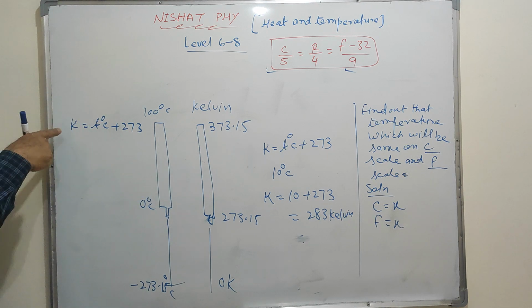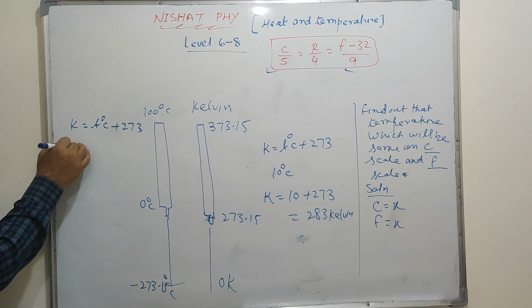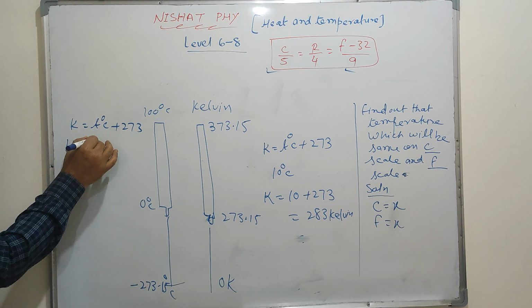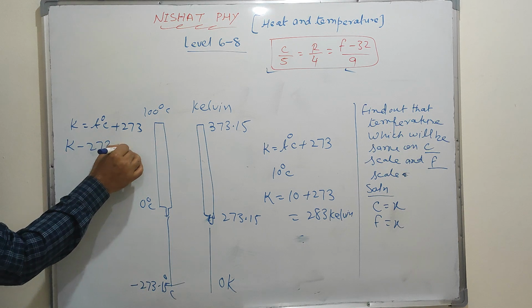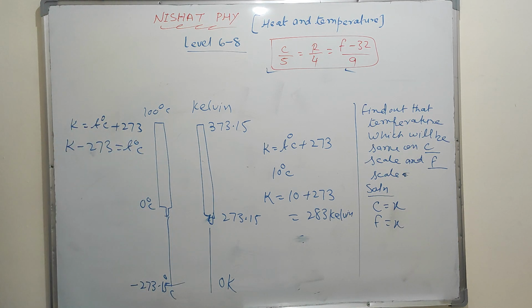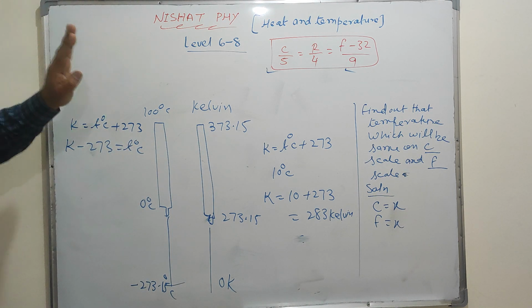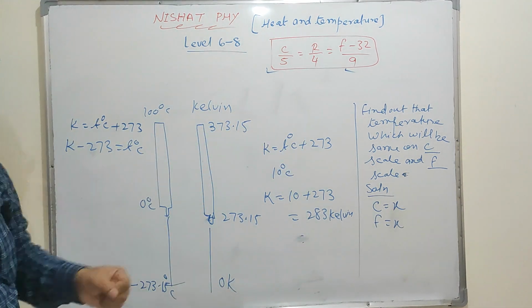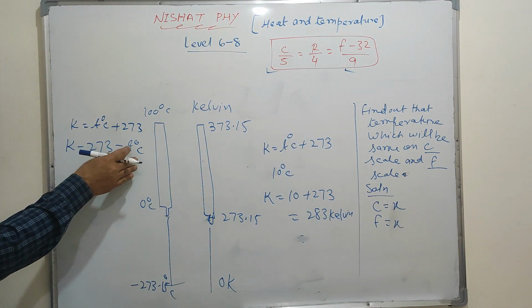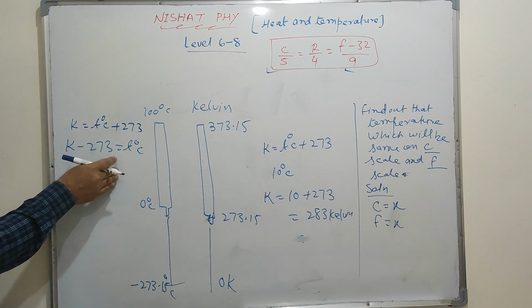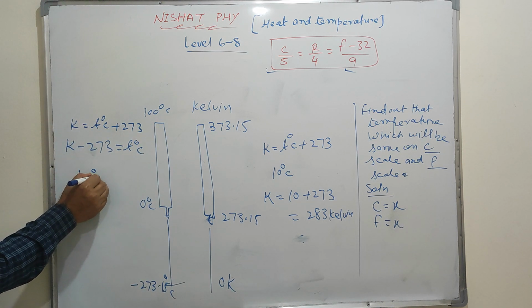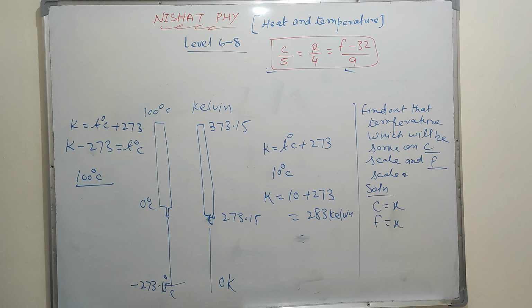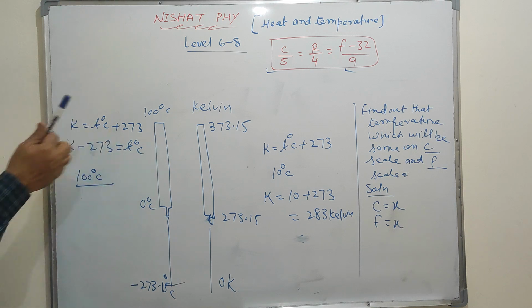But if you want to find degree C, then Kelvin minus 273 equals T degree C. If you want to find Kelvin, add 273, and if you want to find degree C, subtract. Suppose 100 degree C, you want to convert.